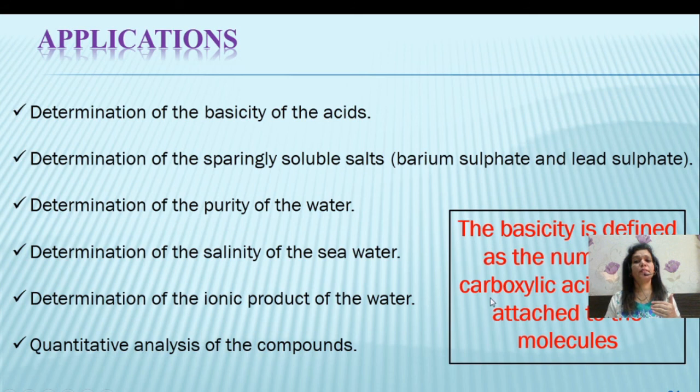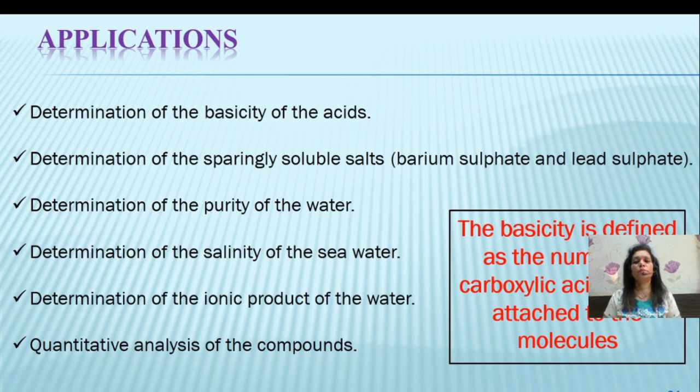Basicity is defined here as the number of carboxylic acid groups attached to the molecule. Determination of solubility of sparingly soluble salts such as barium sulfate and lead sulfate. We can measure the conductivity of these solutions at room temperature and at a higher temperature, and see how it differs with the dissociation of ions.